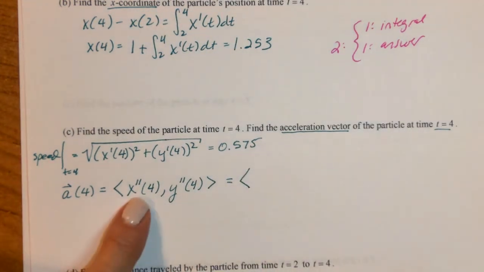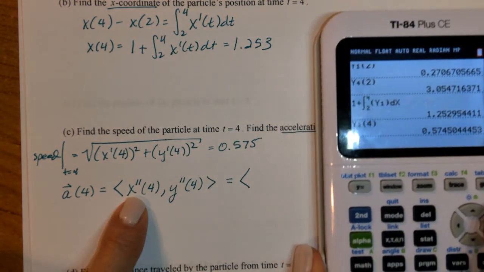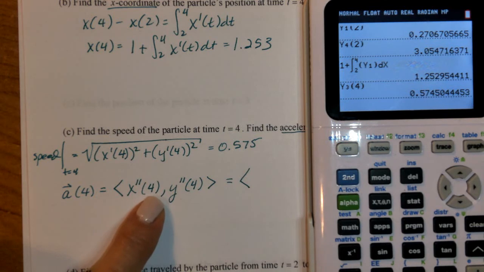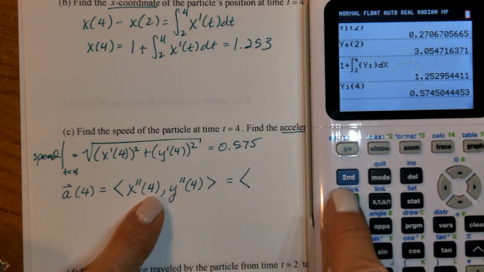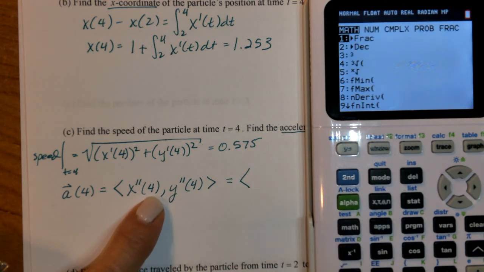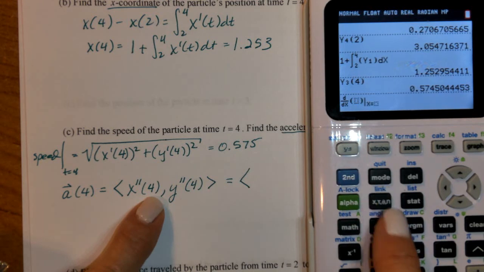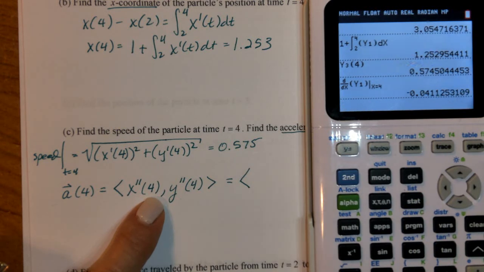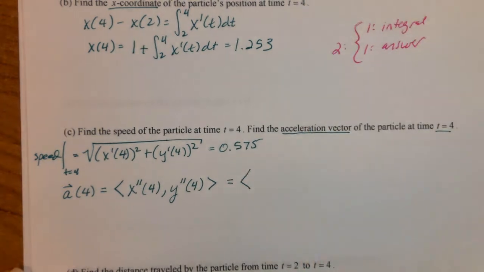Now, this will be the derivative of my y1, evaluated at time 4. So I'm doing math 8 of my y1 evaluated at time 4. So I get negative 0.041.